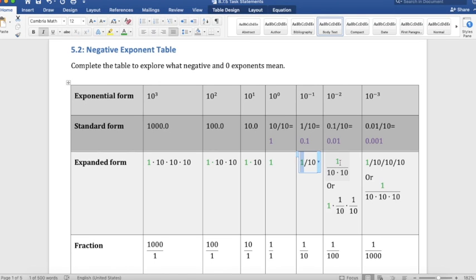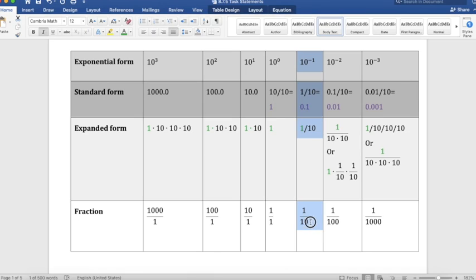All right. So I'm going to talk about negative exponents. So 10 to the negative first power. I want you to think, how does 10 to the negative first power relate to 10 to the first power? So we're going to have these two columns. How does 10 to the negative first relate to this? Notice any patterns?